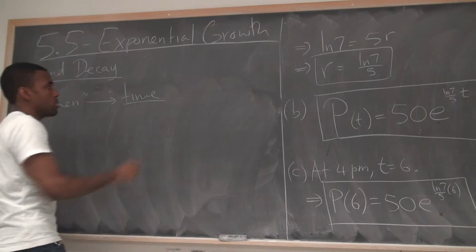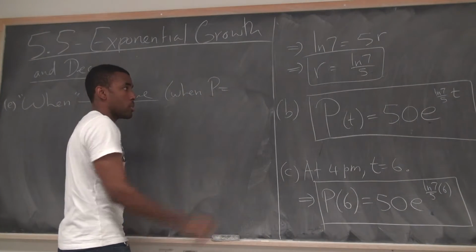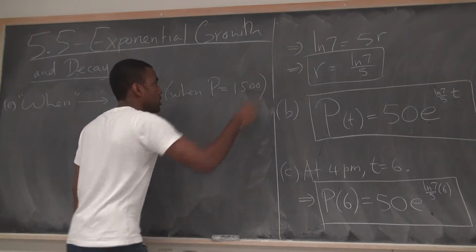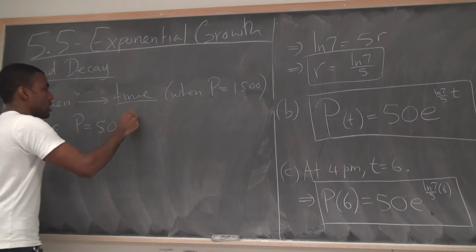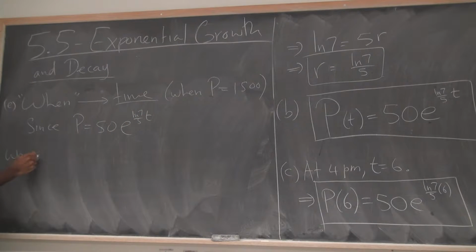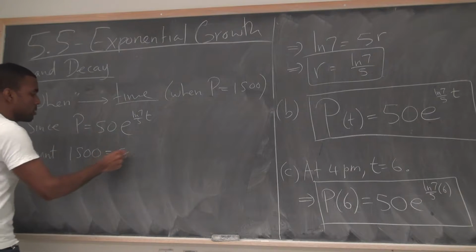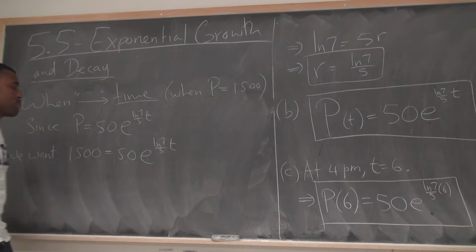So this is time when P, which is the current size of the population, is 1500. So now we know since P is equal to 50 e to the ln of 7 over 5 times t, we want 1500 equals 50 e to the ln of 7 over 5 times t. And now I solve for t.